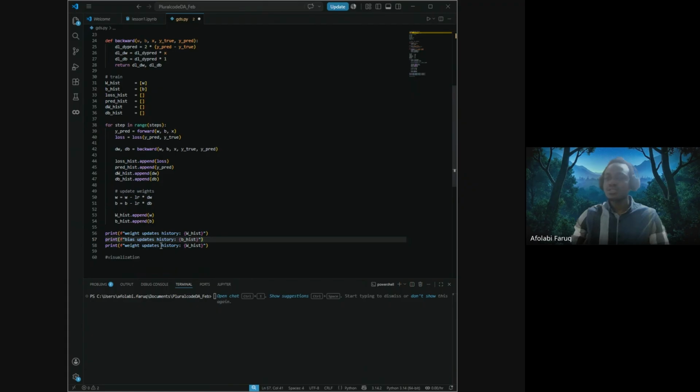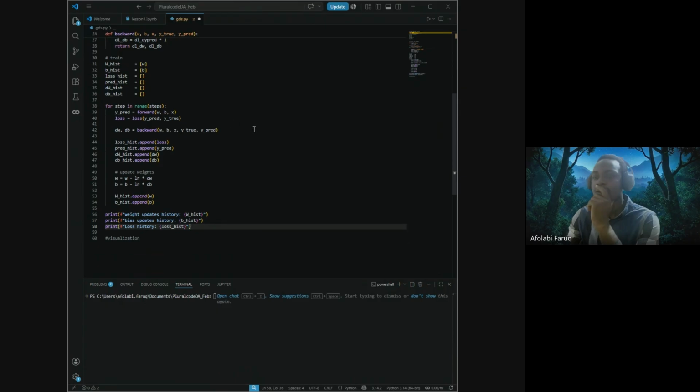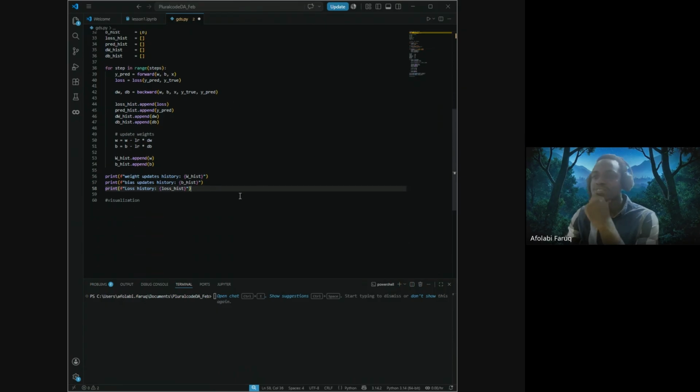So I'll say loss history, loss_est, right? So basically that's what we need. So let's try to run this and see what we have from there.